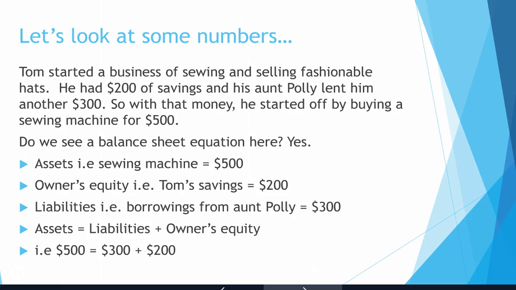Liabilities, i.e. borrowings from Aunt Polly, equals $300. That brings us to the accounting equation: assets equals liabilities plus owner's equity, i.e. $500 equals $300 plus $200.